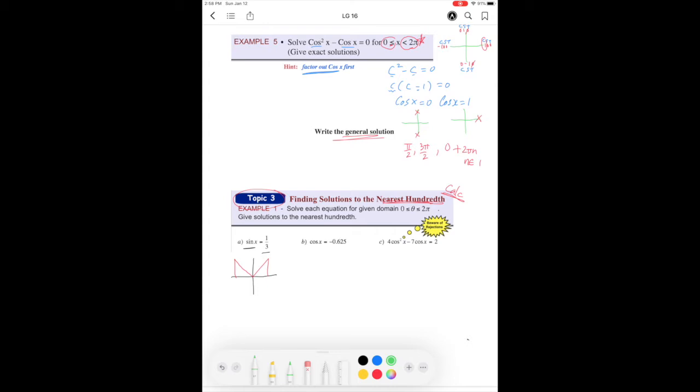Using your calculator, be really aware of what we're in here. So in this question, we are in radians. So be sure your mode is on radians. You're going to type in and find the angle. Remember those buttons: second or shift sine 1 divided by 3.